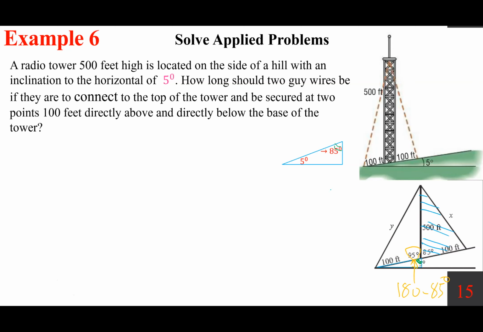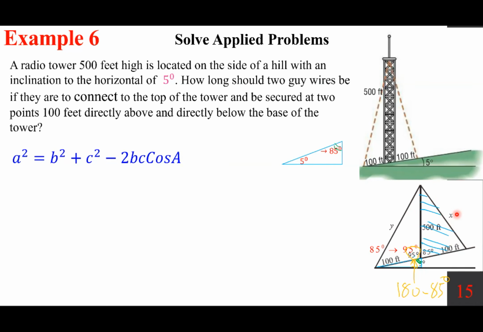If you look at this one, we want to find X. First, we write down the law of cosines: a squared is b squared plus c squared minus 2bc cosine A. This is 85 degrees, and that one is 95 degrees, as explained. So if we look at the triangle on the right, here's the side 100, here's the side 500 feet, here's the included angle 85 degrees. X is missing.